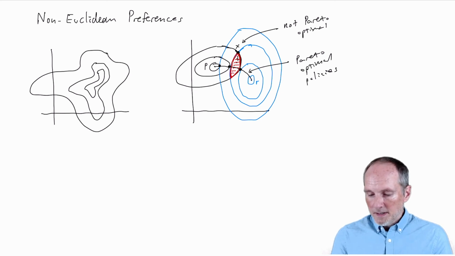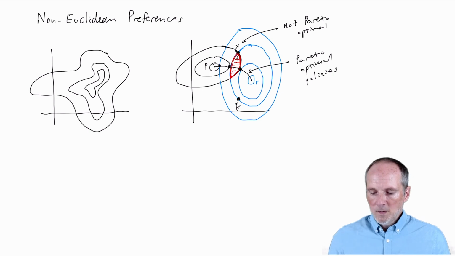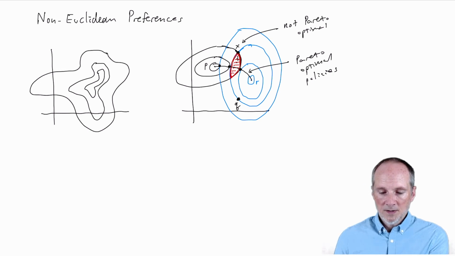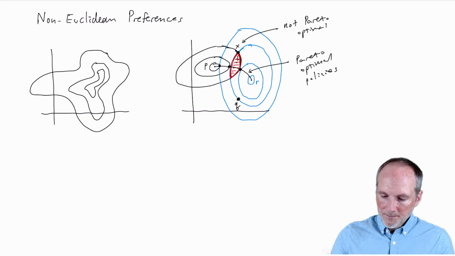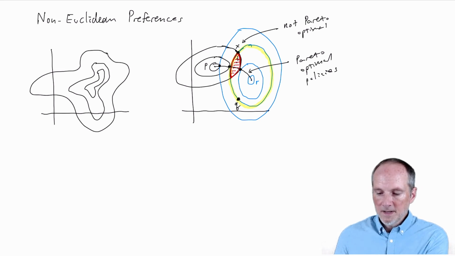Again, in this model, if we were to put in a status quo, like this Q, we can think about the model where the first politician makes a proposal and the second politician approves or rejects. The analysis is very much the same. There's going to be an acceptance region. In this case, we look at the indifference curve through the status quo for politician 2, and everything inside that indifference curve will be approved.